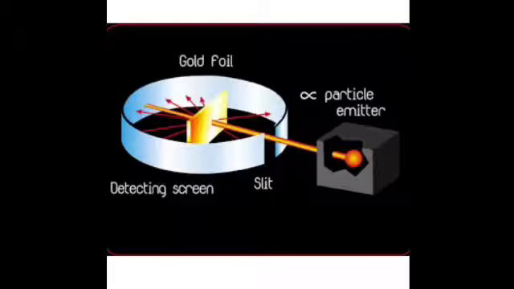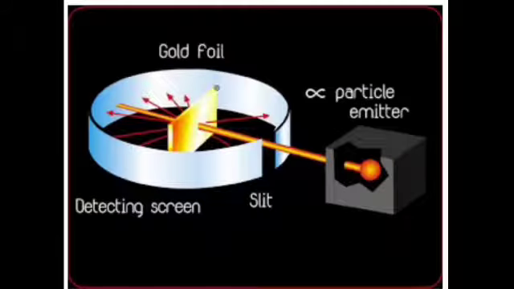You can see these red arrows. This shows the scattering of the alpha particles which struck the gold foil, and they were allowed to strike the screen that you can see. This screen is coated with zinc sulfide, and it is the detecting screen.